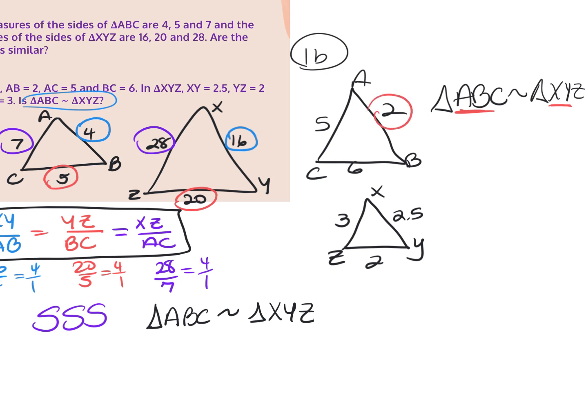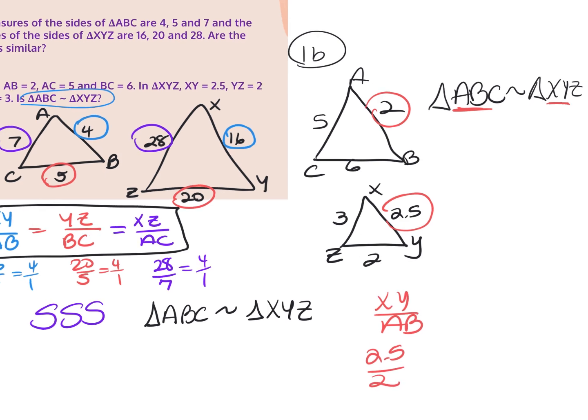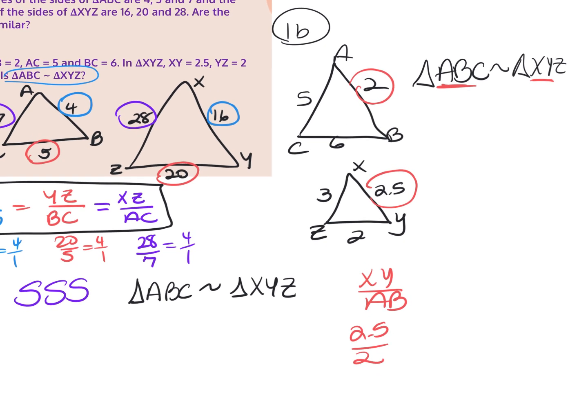So AB here is 2, XY is 2.5. So XY over AB, that'll be 2.5 over 2. You can't have a decimal and a fraction, so I need to simplify it. What I can do is multiply the numerator and the denominator by 10 and make this 25 over 20, which reduces to 5 to 4.